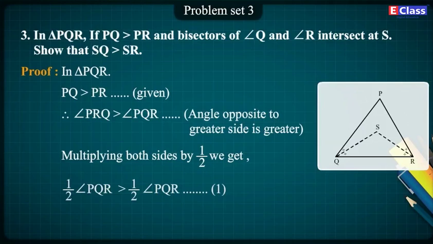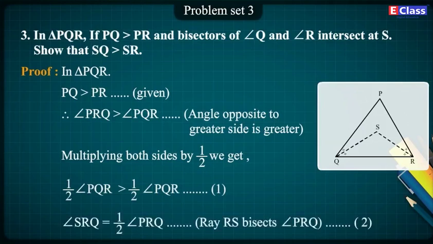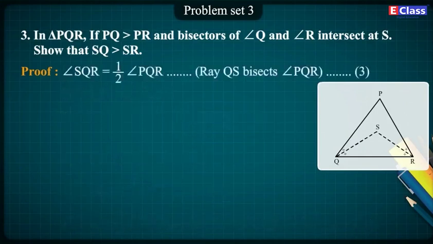Angle SRQ is equal to half of angle PRQ, as ray RS bisects angle PRQ. Let us mark it as equation 2. Angle SQR is equal to half of angle PQR, as ray QS bisects angle PQR.